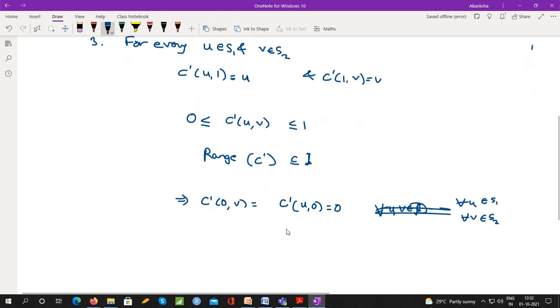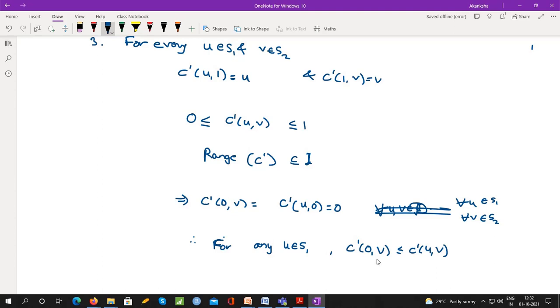Okay so far? Yes, ma'am. So this is the definition of groundedness, and we saw in yesterday's lemma that if a function is grounded and 2 increasing, then it is increasing in the individual arguments also. Therefore, for any U in S1, C prime(0,V) will be less than or equal to C prime(U,V), because the function is increasing in the first argument.